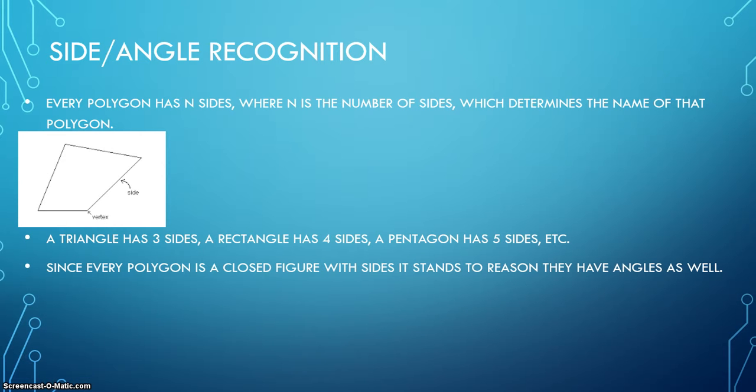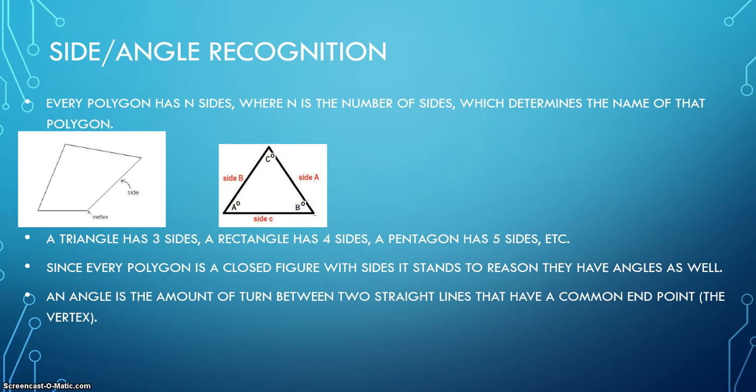Since every polygon is a closed figure with sides, it stands to reason that they have angles as well. From this picture you can see a triangle with 3 sides and 3 angles, all labeled A, B, and C. We're going to get more into that as time goes on. An angle is the amount of turn between 2 straight lines that have a common endpoint called the vertex.